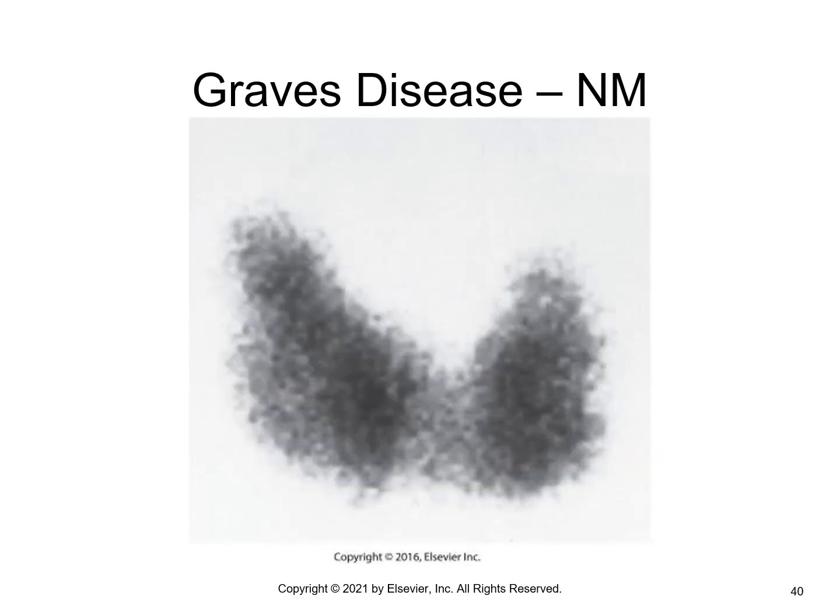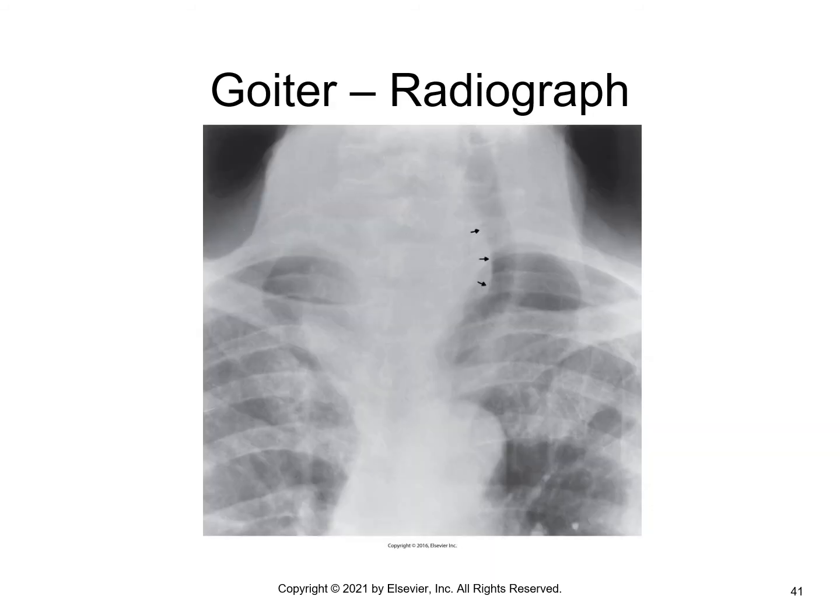Here's Graves' disease, where you see the thyroid itself is diffusely enlarged, and so it's the overall thyroid that is producing excess T3 and T4 levels, resulting in hyperthyroidism. Here is an example of a goiter on a radiograph, and you see that this goiter is so enlarged that it is actually diverting the trachea to the patient's left side, which is not totally uncommon.